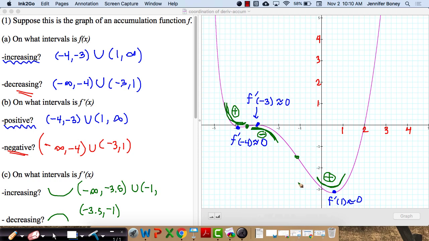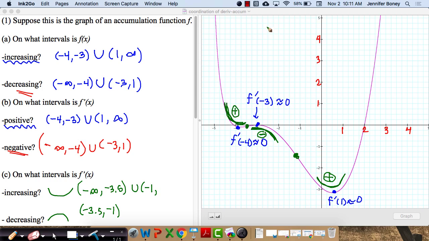So past this point, we have all positive curvature, if you want to think of it that way, or our first derivative is increasing throughout, or our second derivative is positive throughout this remaining section. So it's very hard to spot, unlike tops and bottoms of hills, where you can turn around from increasing to decreasing. It's very hard to spot just visually where these kind of curvature changes happen.